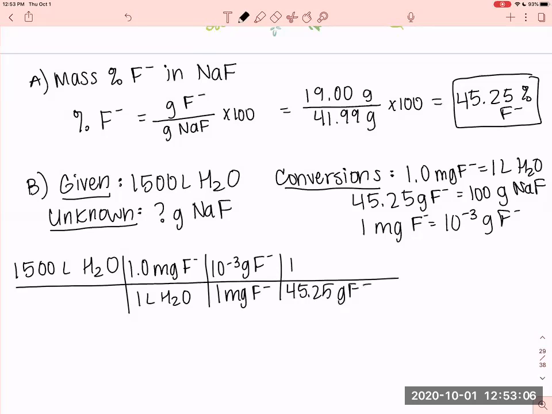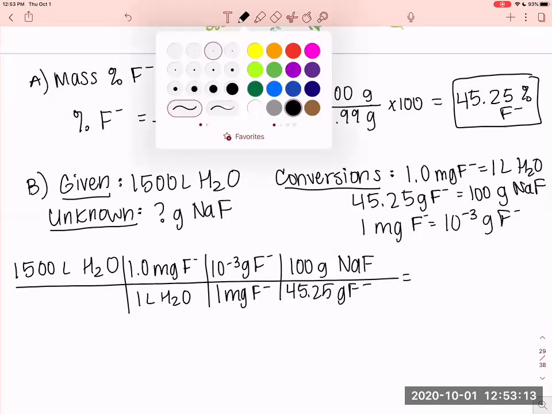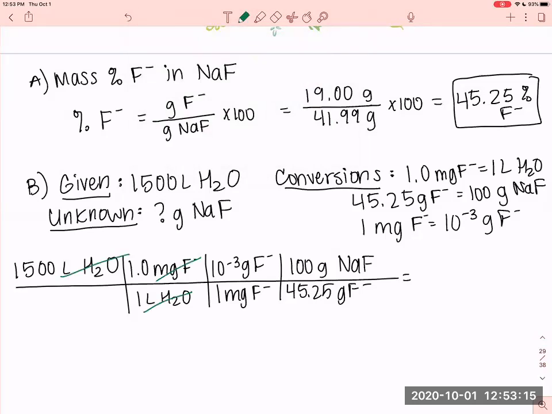So I'm just going to use my trusty dimensional analysis as much as I possibly can to really reinforce that skill, which is a very important learning objective for this class. It's going to help you so much when you move into higher level chemistry. So 1500 times 1, times 10 to the negative 3, which is the same as dividing by 1,000, times 100 divided by 45.25.